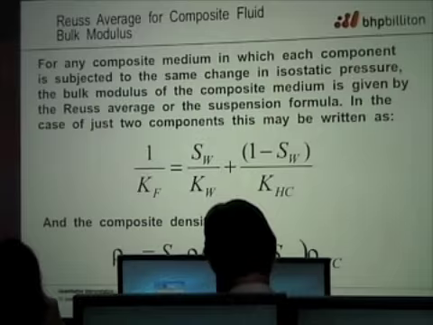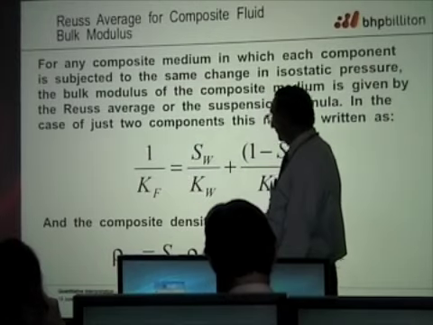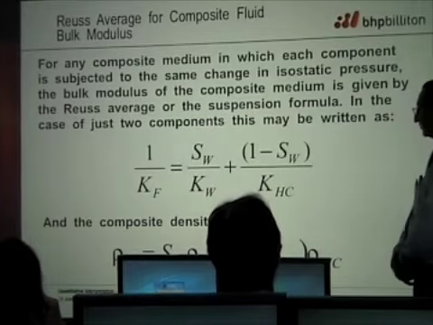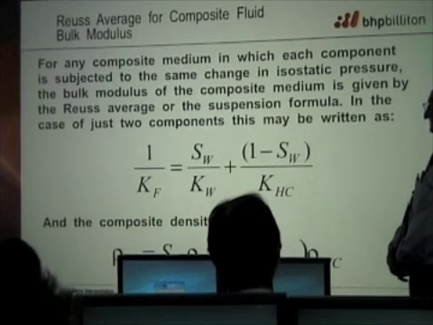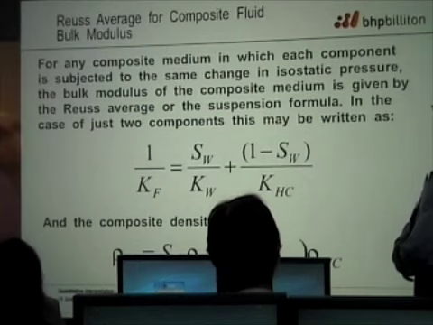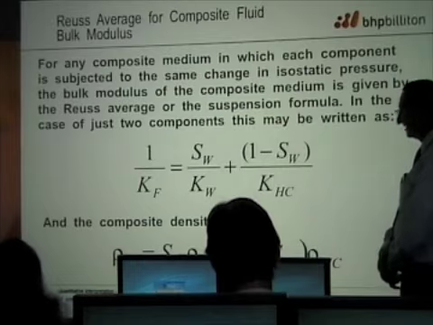right? And so we had two components, let's say water and hydrocarbon. 1 over K sub F is equal to the water saturation, the water fraction, over the water modulus, plus the hydrocarbon saturation, or 1 minus SW, over the hydrocarbon modulus.